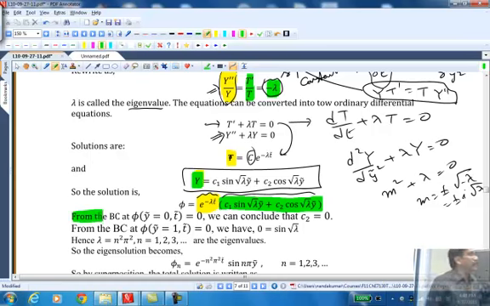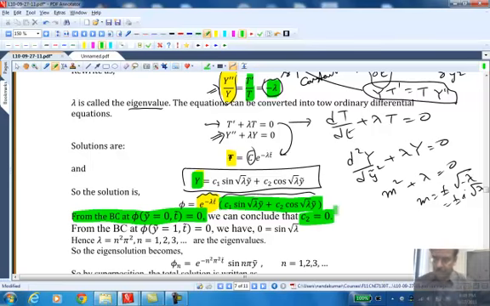So from the first boundary condition at y equal to 0, we can conclude that C2 equal to 0. Why do I state that? Why should C2 be equal to 0 from that boundary condition? The function cos, when you evaluate at 0, cos 0 is what? 1, right?